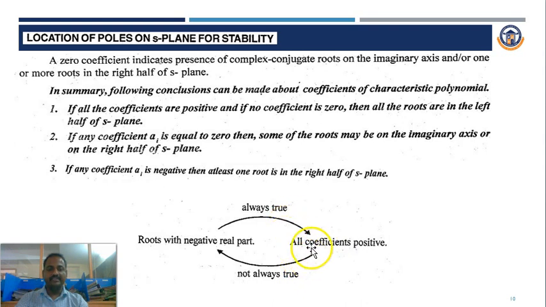In another case, if all the coefficients are positive, it's not always true that the roots have negative real parts. I mean that it is the vice versa case. So we have to look into this also.